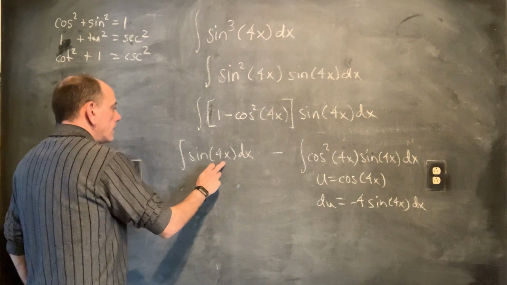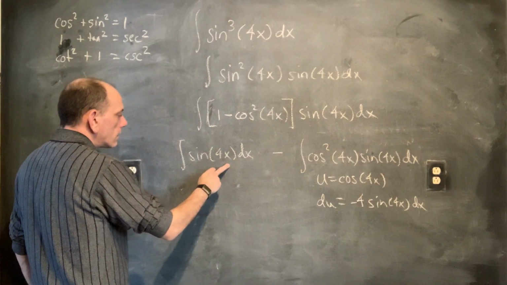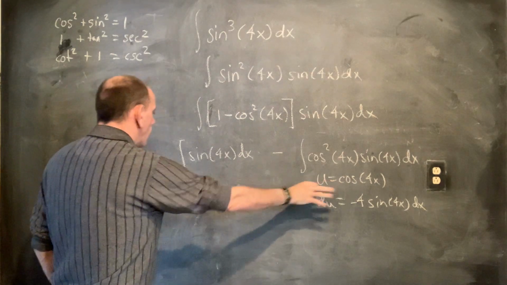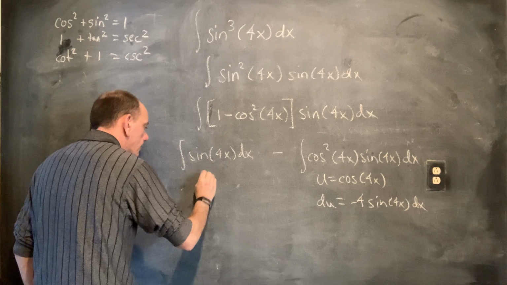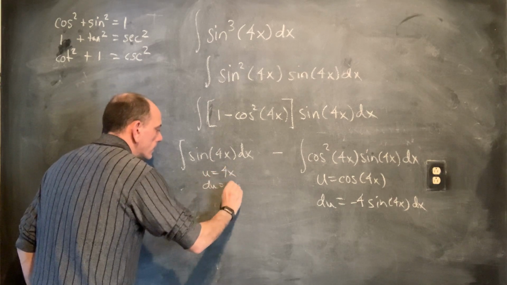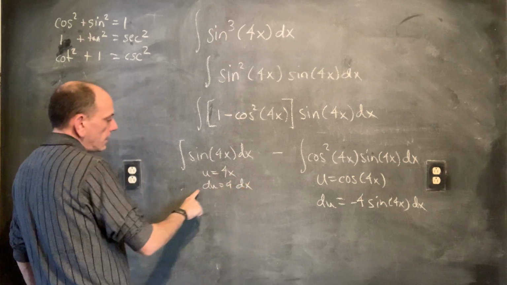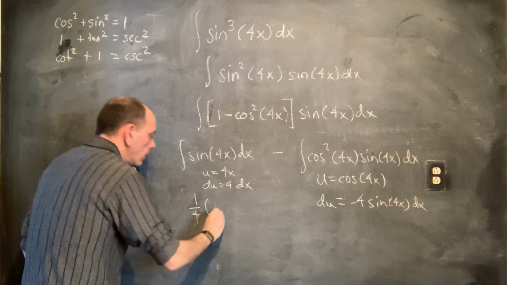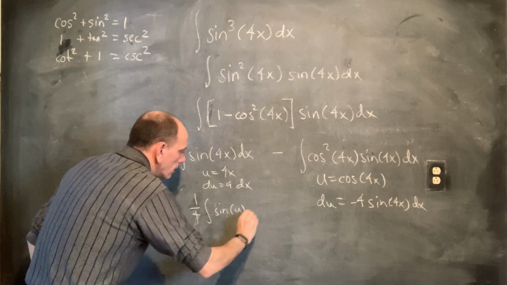So this one's, well, let's just say if we're going to use a u over there, no, it's a different u, so it's fine. U equal 4x here means that du is 4 dx, means that quarter is going to come outside. So I've got 1/4 integral sine of u du.